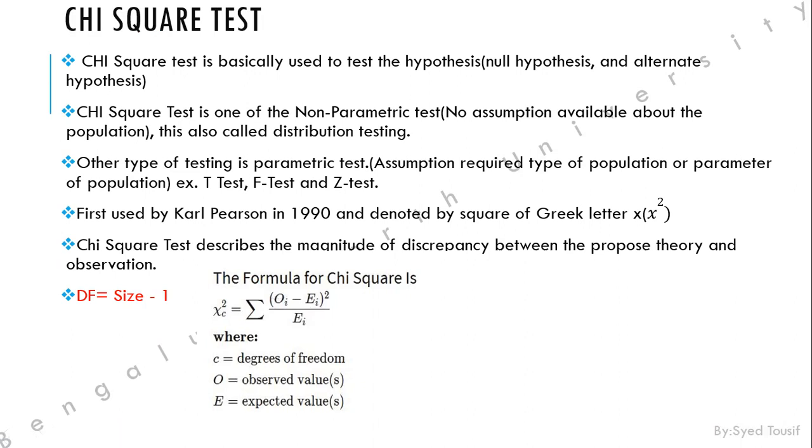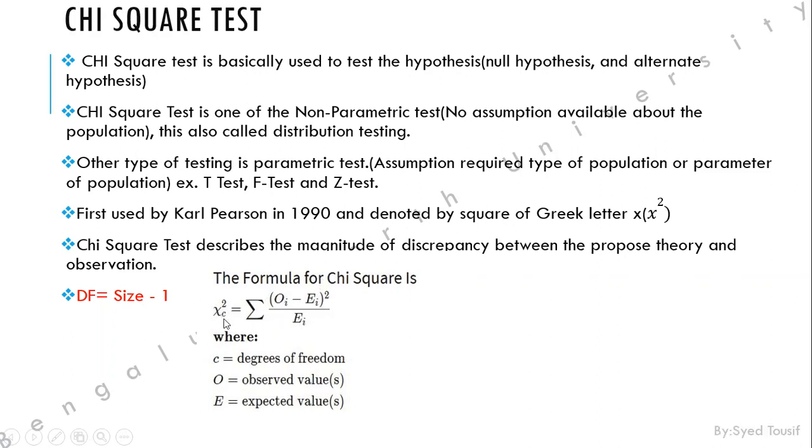And Ei is the expected value, the value our theory says it is going to be. We have to calculate this expected value, take the whole square, and Ei is nothing but the expected value.